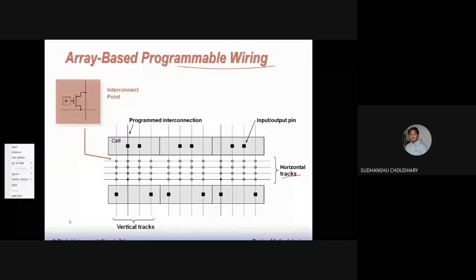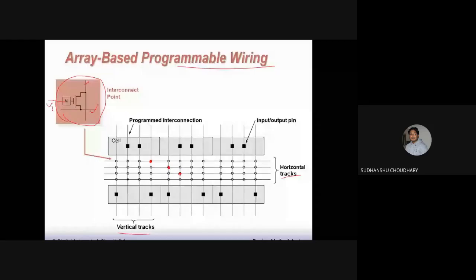Depending on the need, one can fuse them or make connections. For making a connection, you have to apply VDD at the gate of this transistor, right? So that way, these junctions can be fused depending upon your requirement. That is, the wire can also be programmed.